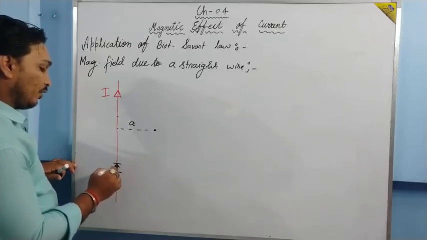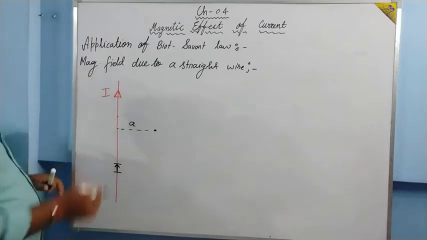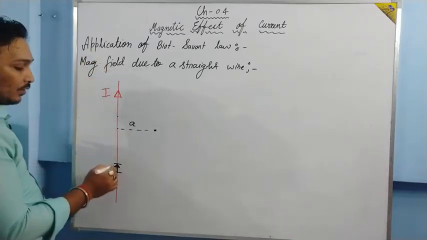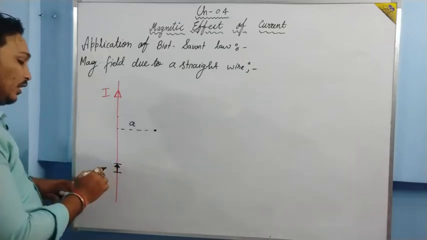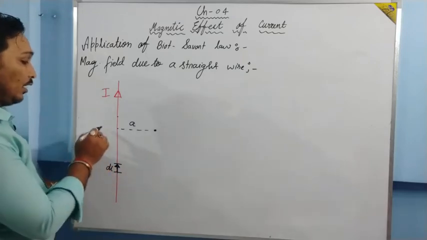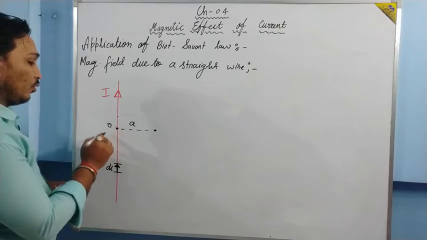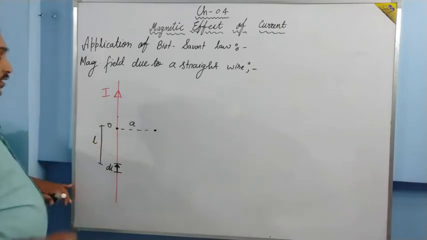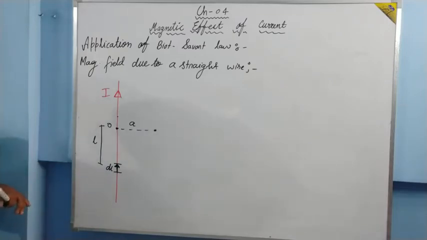The direction of the current element is always in the direction of current. Current is flowing this way, so the element will be towards this way only. So let this element be dl and let this point be O. From O, let this dl be at a distance L. This L is variable over the length of the wire.